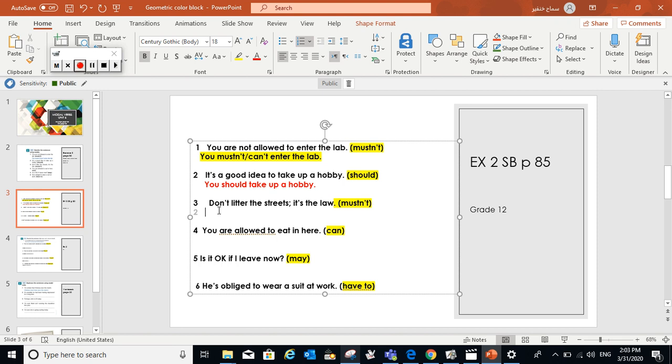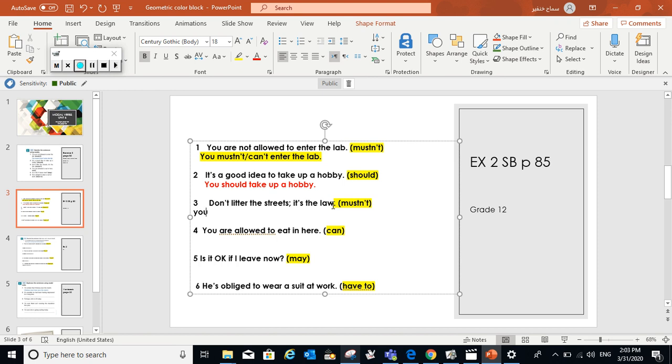Okay, number 3 now. Don't litter the streets. It's the law. So here, this is like an order. It's obligation, or here when we say never do that, it's forbidden or prohibited. Okay, so mustn't plus the verb, but we need the subject. Who mustn't here?